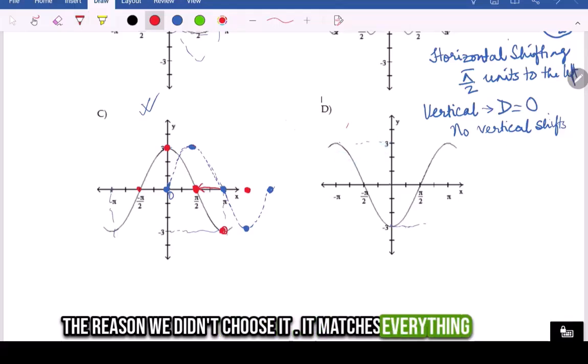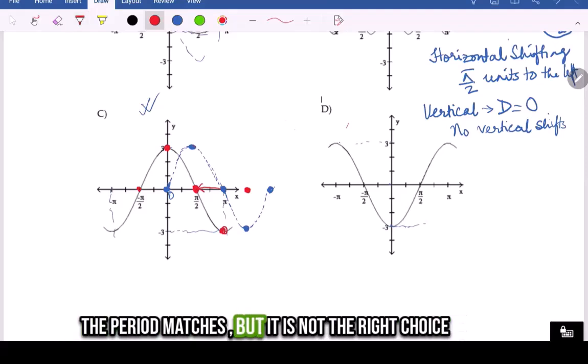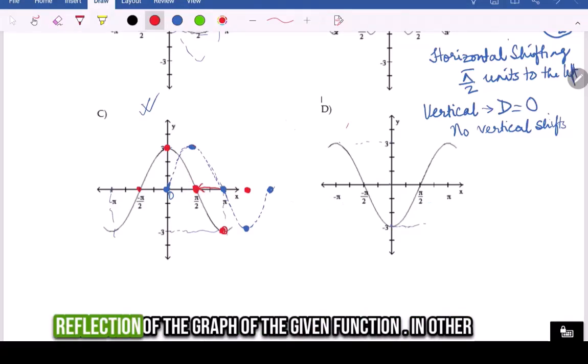It matches everything else. The amplitude matches, the phase shift matches, the period matches, but it is not the right choice because all the y values are negative. They are the reflection of the graph of the given function.